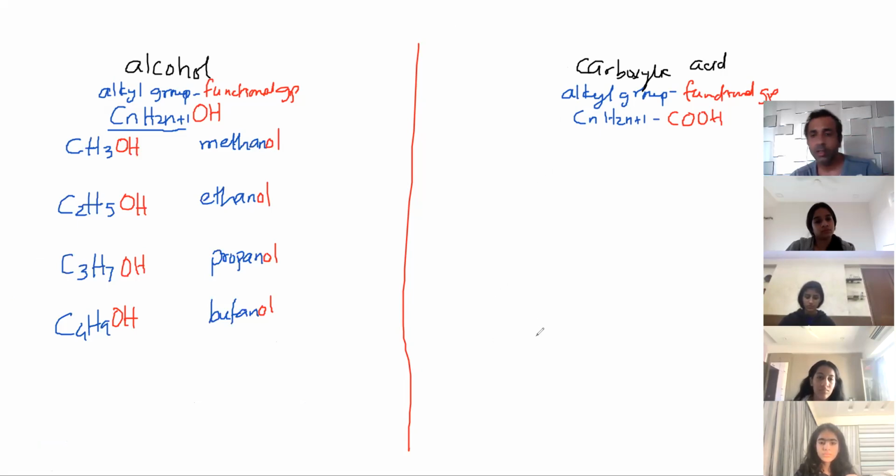So, Pia, what should be the alkyl group? C4H9. That's the alkyl group. And then what should I add to this? COOH, the functional group COOH. Very good. Now Pia, count the total number of carbon atoms in the formula that you have written.